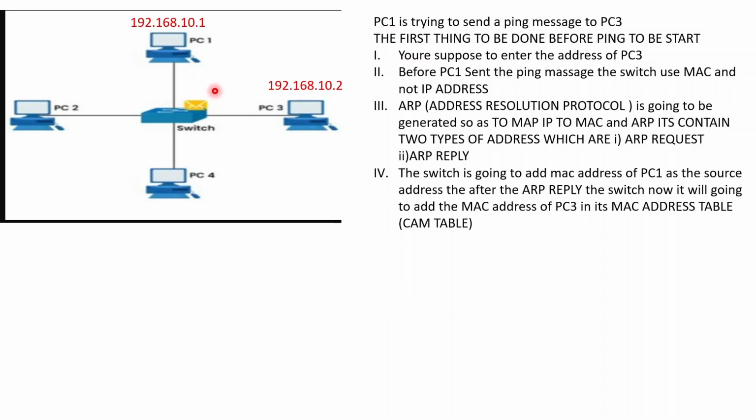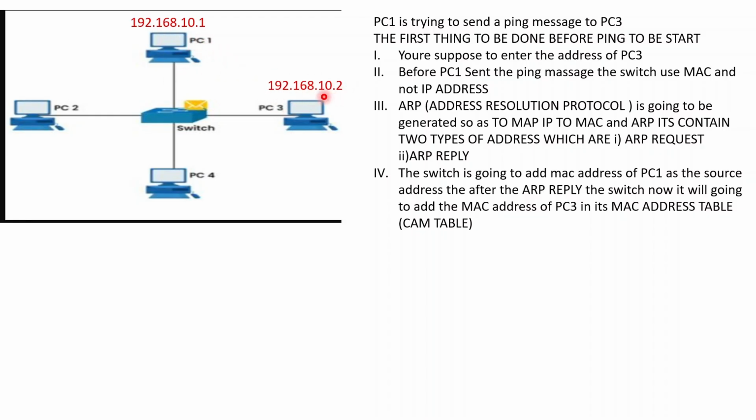Okay, let's begin the process again. For the first time, you type in the command line interface, the CMD of PC number 1, ping 192.168.10.2. Once you press enter, this PC is going to associate this IP address with a MAC address.